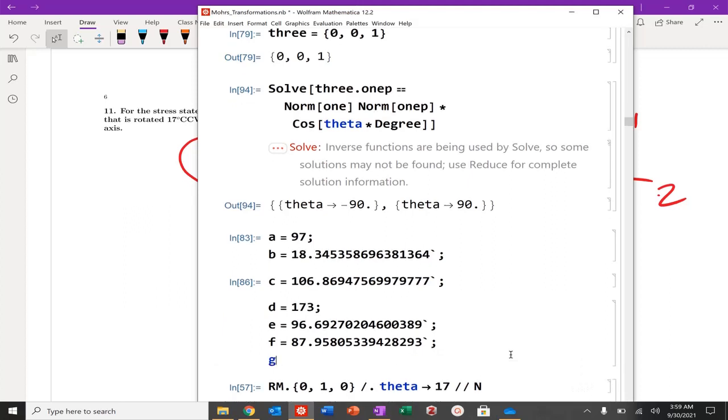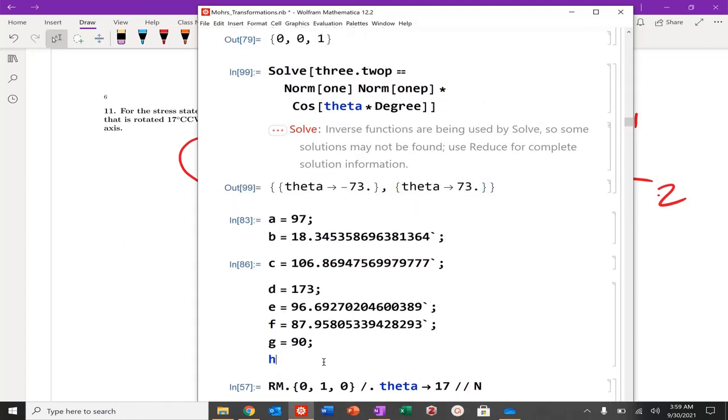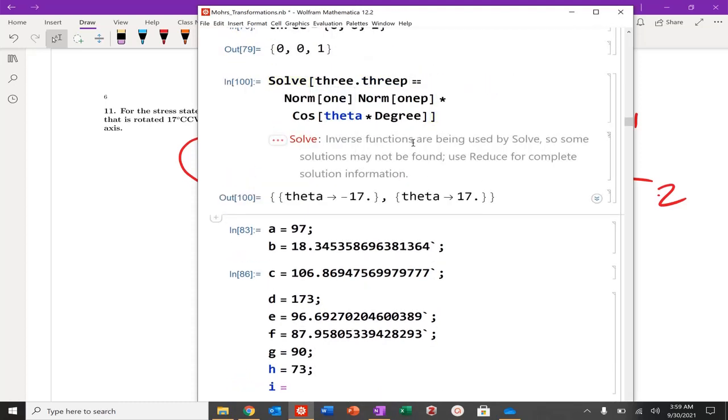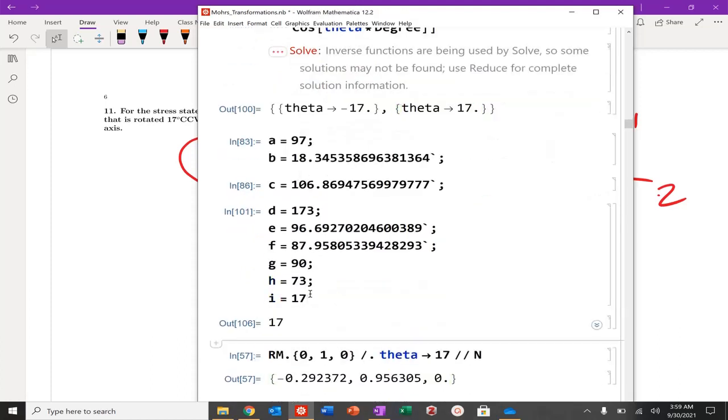Then 3 and 2 prime, and 3 equals 3 prime. So, got all those values.